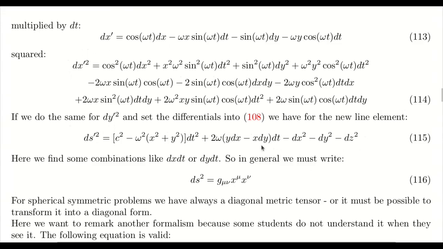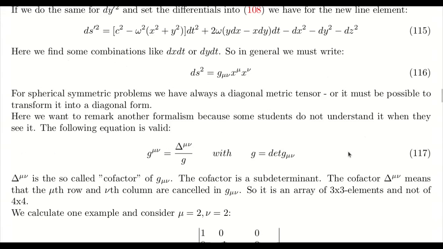And yes, indeed, we see now here in this new line element, we have some combinations in the differentials dx dt, dy dt here. Okay. And so we must write in general for the general line element in any space, ds squared is equal to g mu nu dx mu dx nu here as a double scalar product in the two indices.